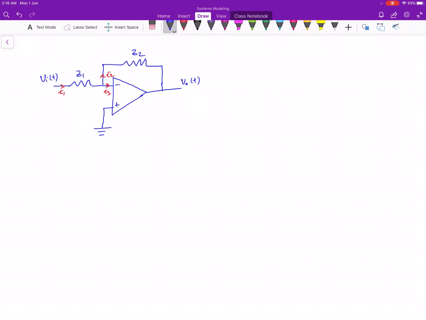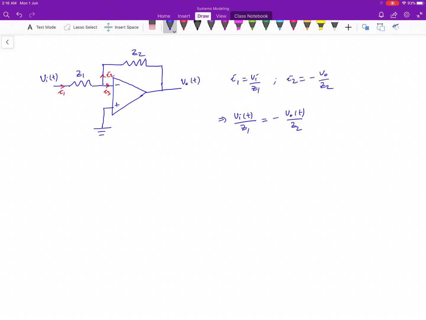And we can write this equation by breaking it down just the way we've done it before, whereby we have I1 is equal to Vi over Z1, I2 is equal to minus V naught over Z2. This implies that we have Vi of t over Z1 is equal to minus V naught of t over Z2.